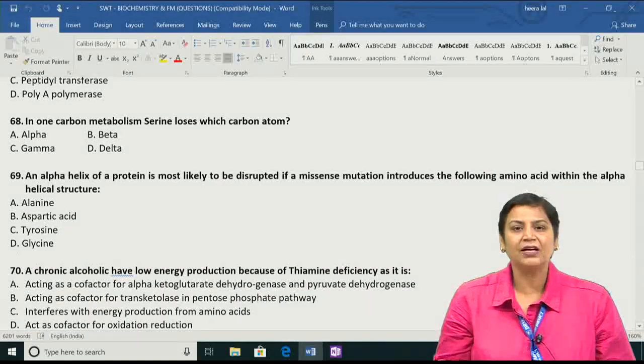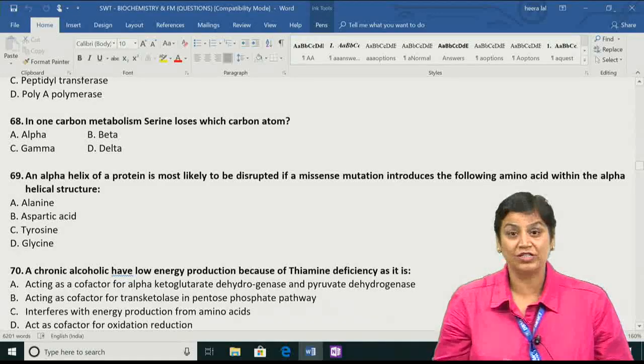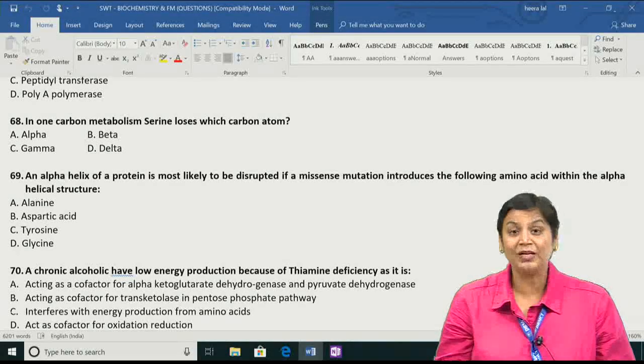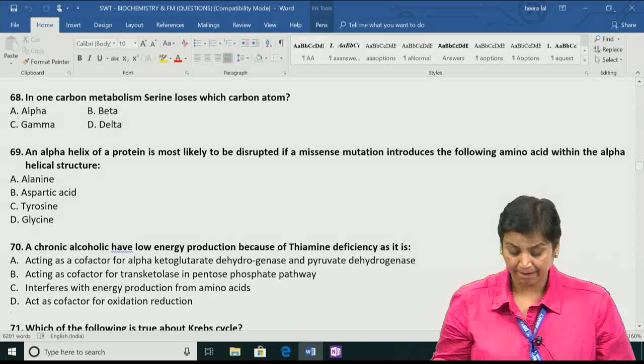The next question: in one carbon metabolism, serine loses which carbon atom? Now see, what do we mean by one carbon metabolism?